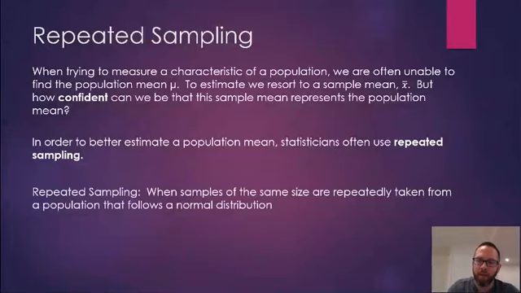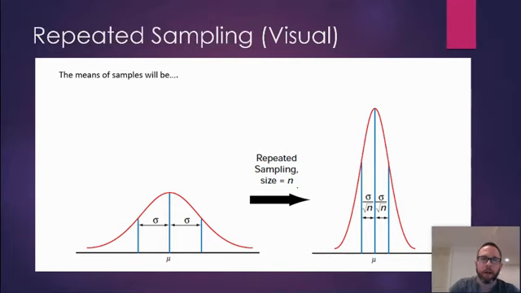So repeated sampling is when samples of the same size are repeatedly taken from a population that follows a normal distribution. So what happens is, here's your population, and it's normally distributed, and it has some mean mu with some standard deviation sigma.